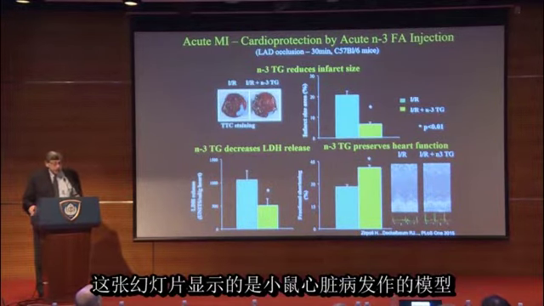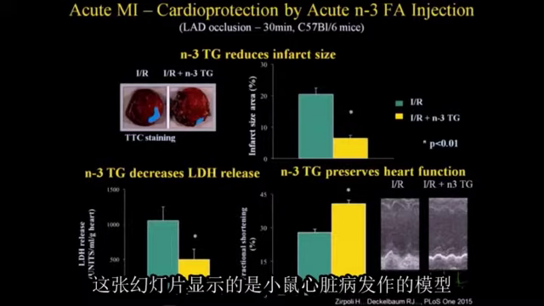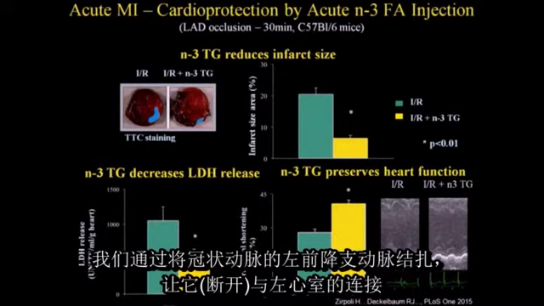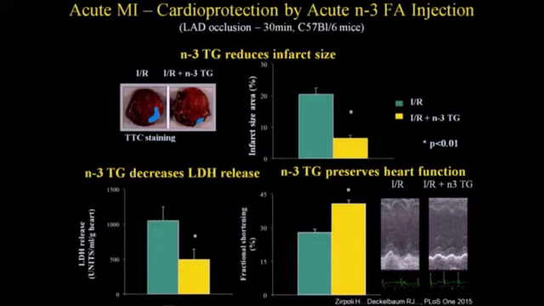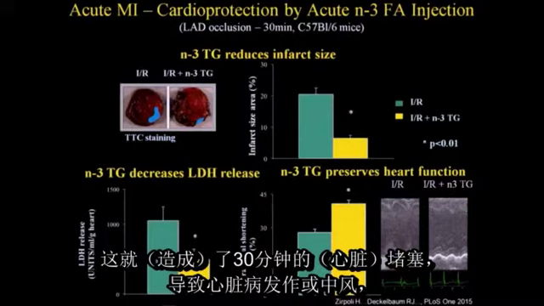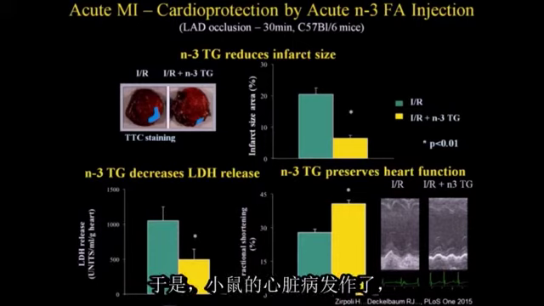So this slide is a heart attack in mouse. We do this by tying off the left anterior descending coronary artery to the left ventricle for 30 minutes and then releasing it. So it's a 30-minute blockage, which causes a heart attack in mice.